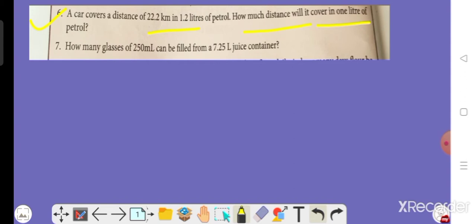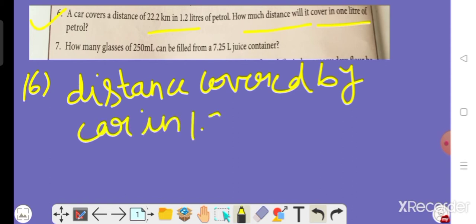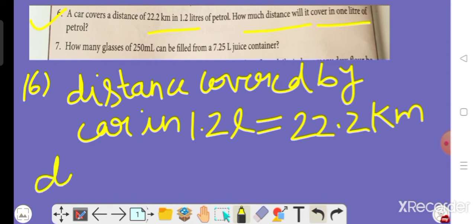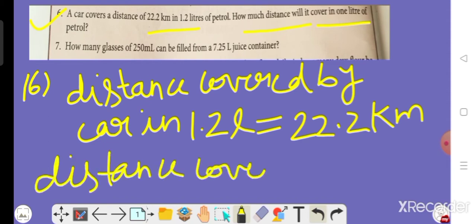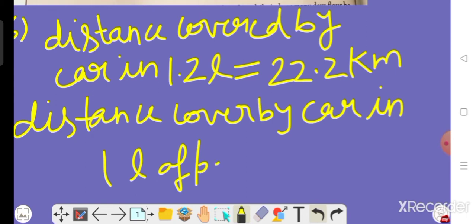Okay. So what we have been given: the distance covered by the car in 1.2 liters of petrol is equal to 22.2 kilometers, and we have to calculate the distance covered by the car in 1 liter of petrol. 1.2 is greater than 1, and if you know the amount of a greater quantity and you have to calculate the amount of a smaller quantity, in that case you have to divide.